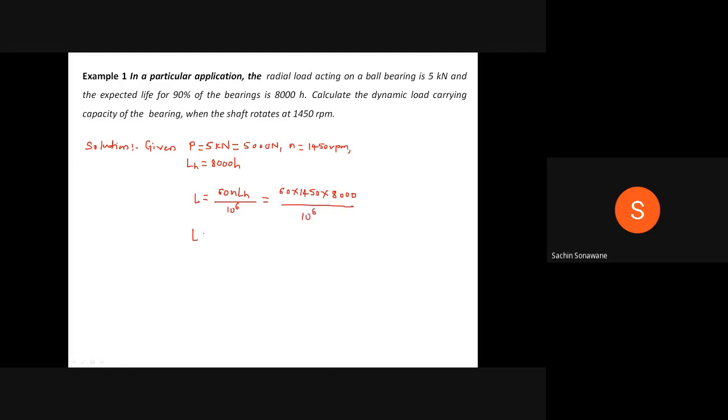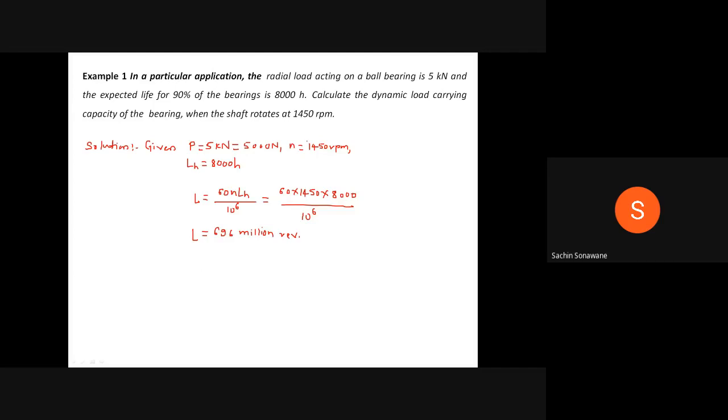Therefore L is equal to 696 million revolutions. Please do the calculations just to check.